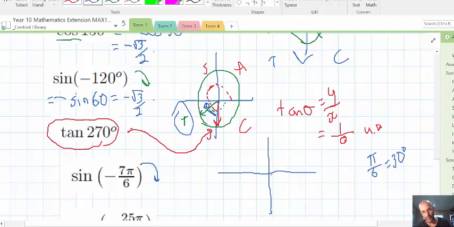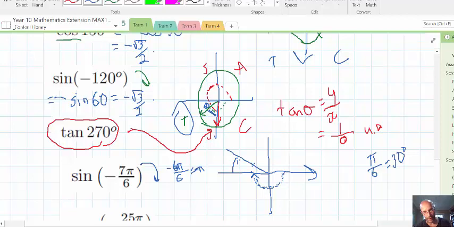So here we go. If we start here, how far is that? Well, that's more than pi, because negative 6 pi on 6 is negative 1 pi, which is negative 180. So that means we're going to go past here, and then another pi on 6 that way.